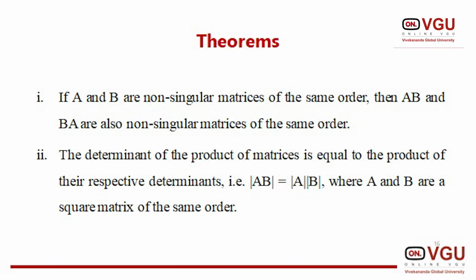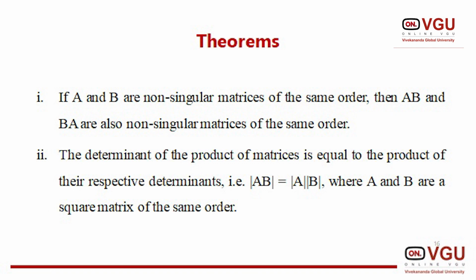There are two basic results to be used in the theory. If A and B are non-singular matrices of the same order, then AB and BA are also non-singular. If we have a 3 cross 3 matrix A and a 3 cross 3 matrix B, both non-singular, and we multiply them, the result will be either AB or BA.